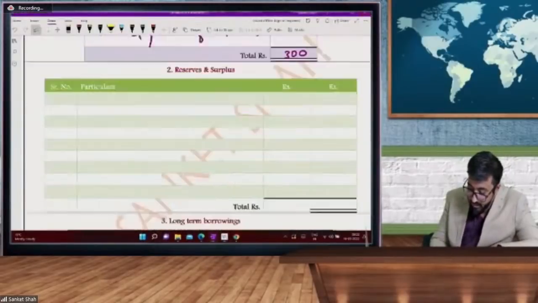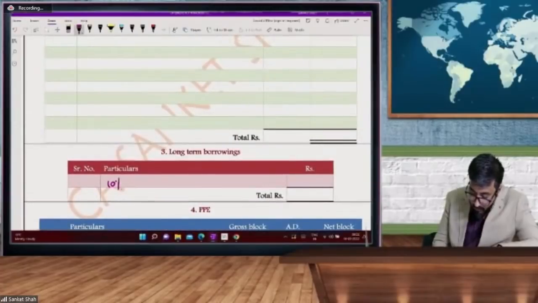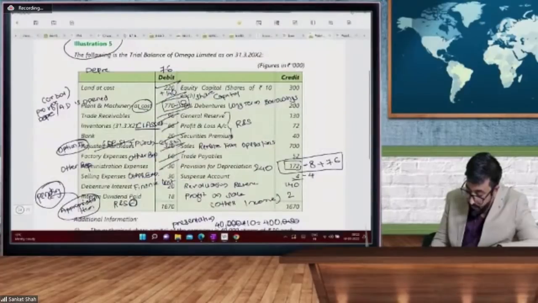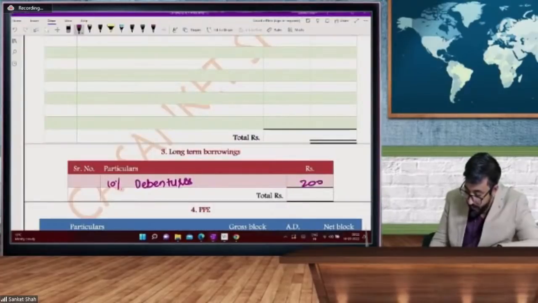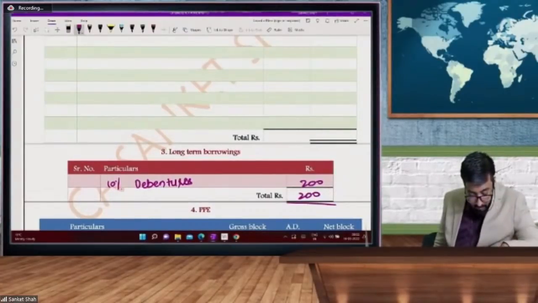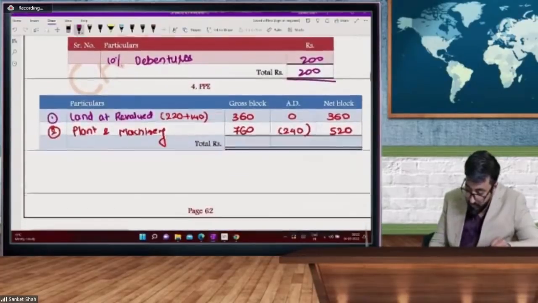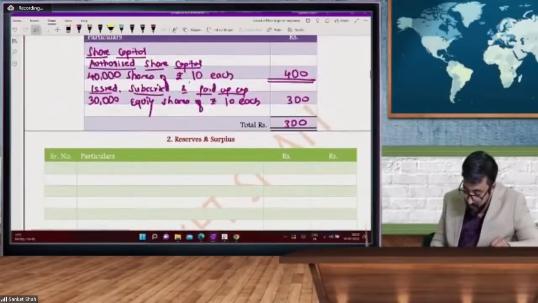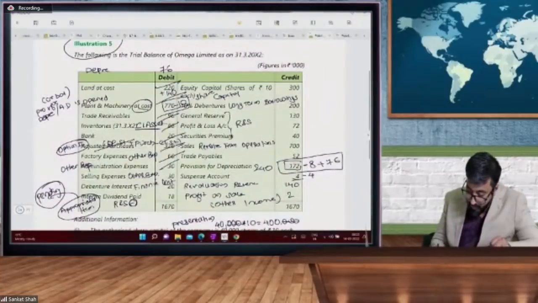10% debentures, 200. Next, general reserve.